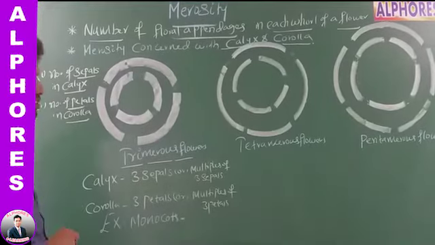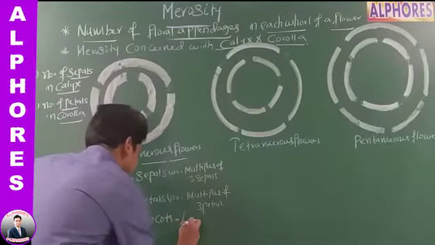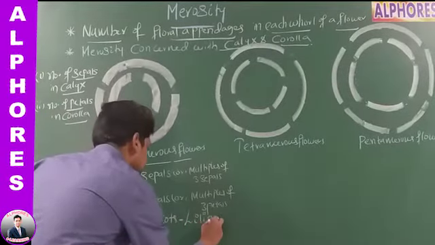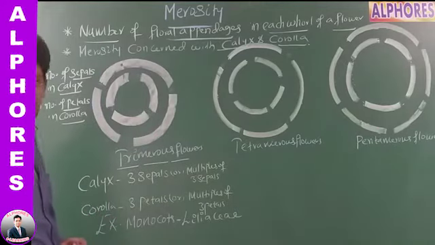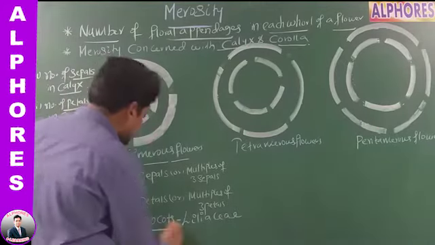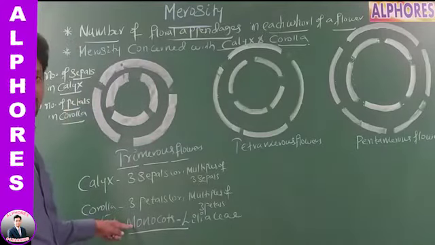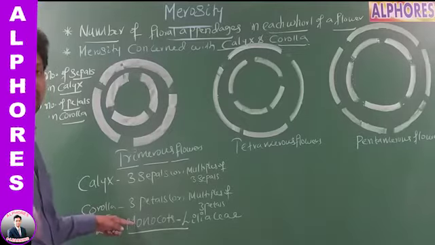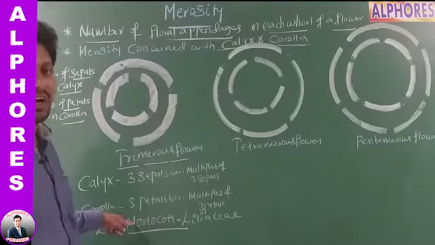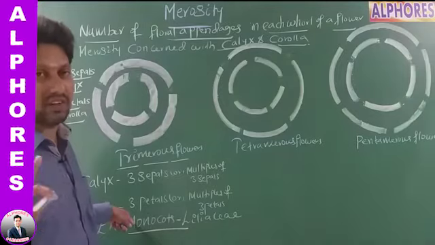For monocots, we can take example as Liliaceae family. Liliaceae family, right, it is an example for monocot. Is it okay, right? Now you tell me, sir, in case of monocots, can you differentiate calyx and corolla from one another? No. In case of monocots, calyx and corolla cannot be differentiated from one another.